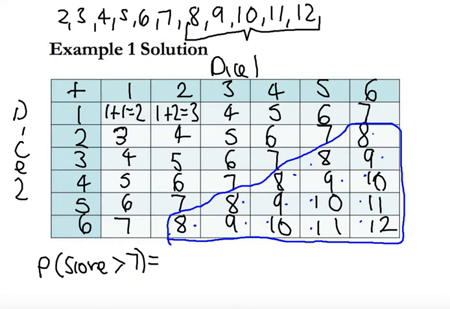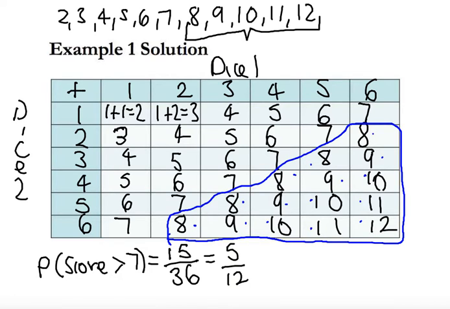So what is the probability of scoring greater than 7? It's 15 out of 36. And of course, we can cancel down this fraction, divide top and bottom by 3, so I get 5 out of 12. Okay, very close to the 5 out of 11 that I said at the top, but it is a different probability.